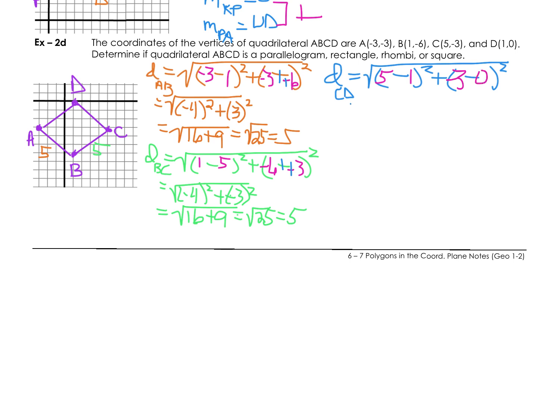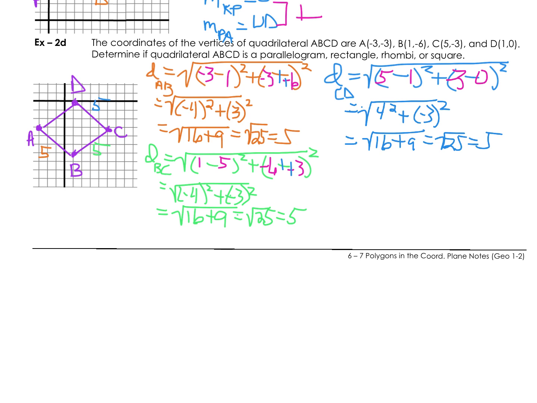And so to do the math, 5 minus 1 is 4 squared, plus -3 minus 0 is -3 squared. So we get the square root of 16 plus 9, square root of 25, equals 5. So I'm going to put a 5 right there.